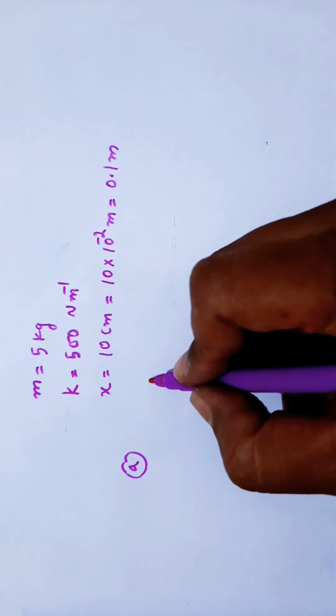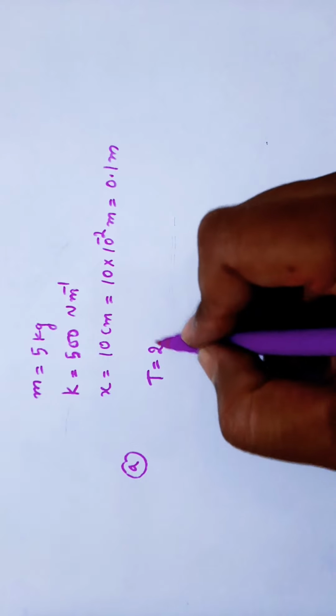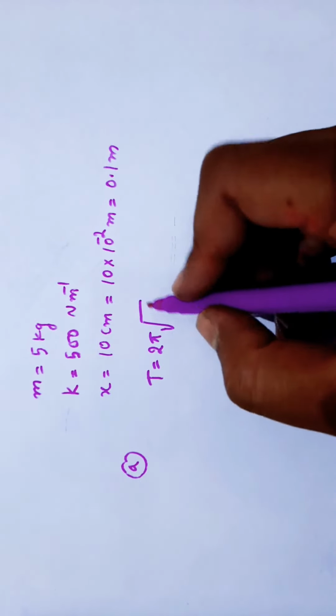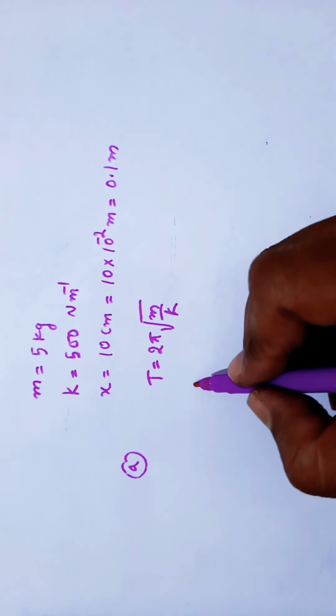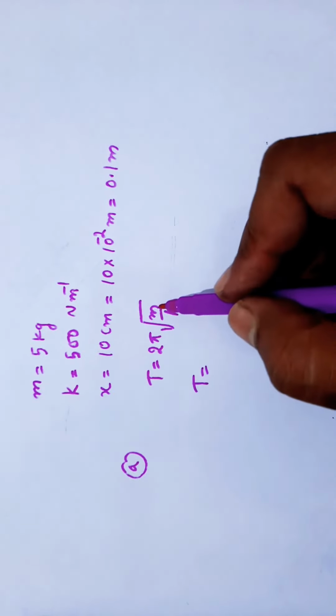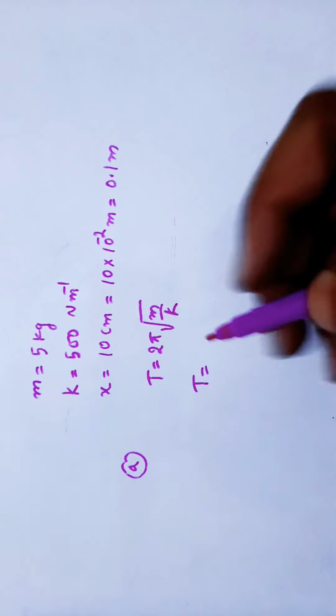Here we have a formula, T is equal to 2 pi under root of m by k. Substitute these values in this equation.